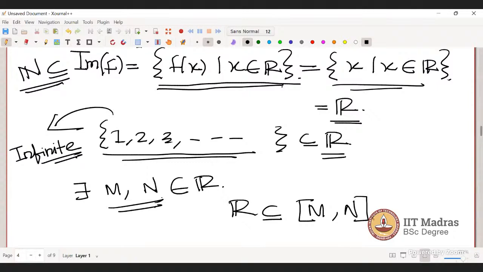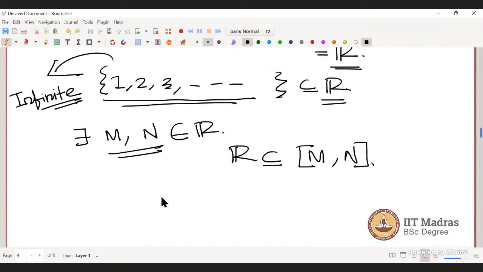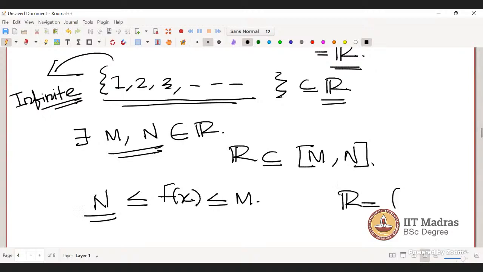What do you mean by a function being bounded? A function is bounded if the value of the function is in between two finite numbers. And what is R? R is basically this interval. It's unbounded on the right hand side and unbounded on the left hand side.